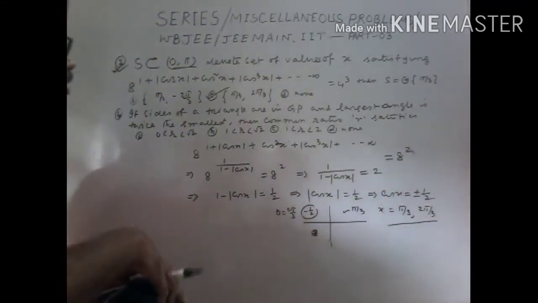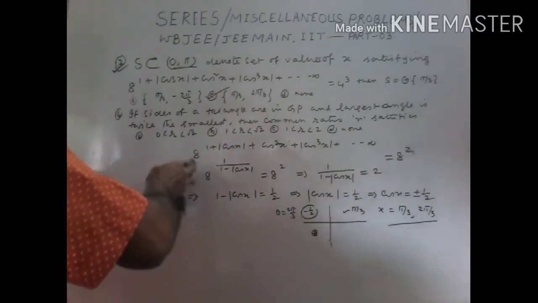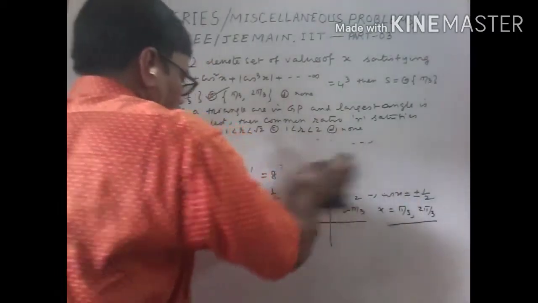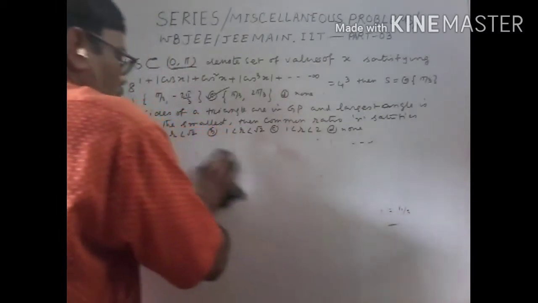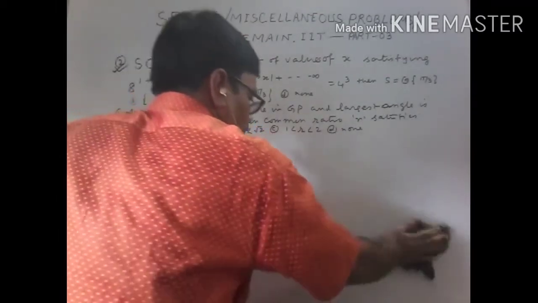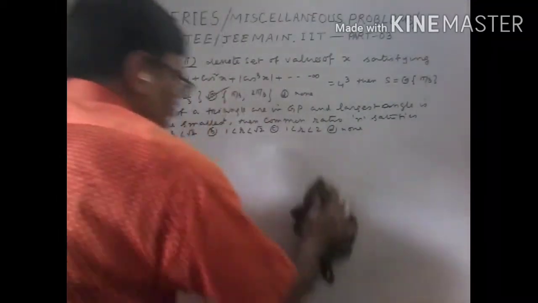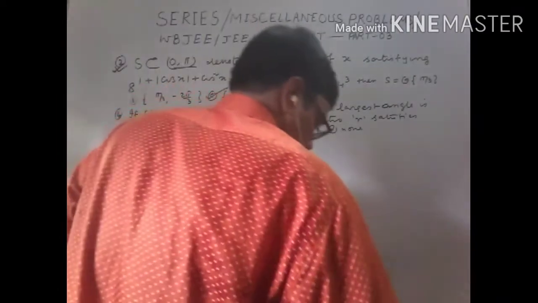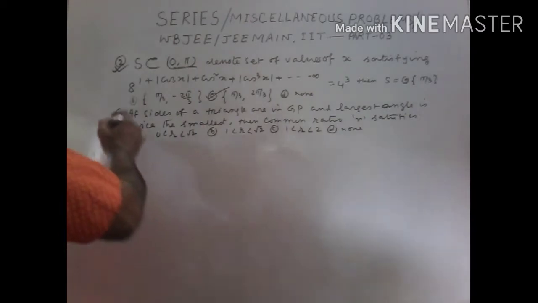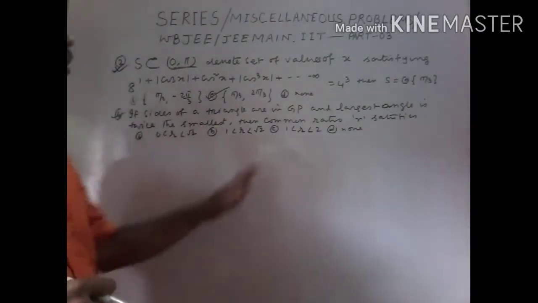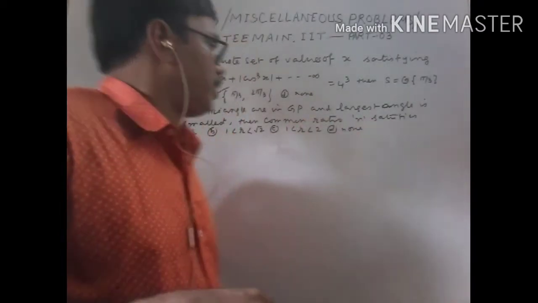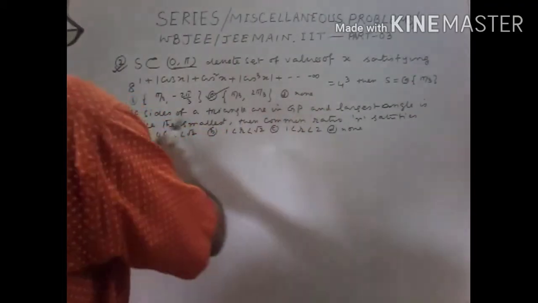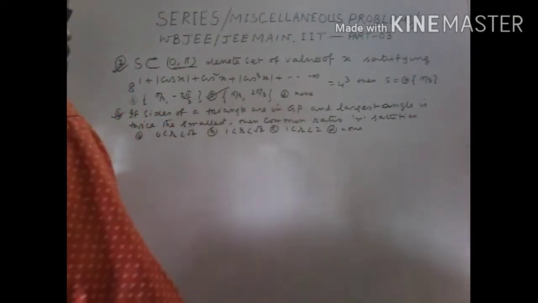Next, problem number 4 from the description box. If you see the problem: the sides of a triangle are in GP, and the largest angle is twice the smallest one.